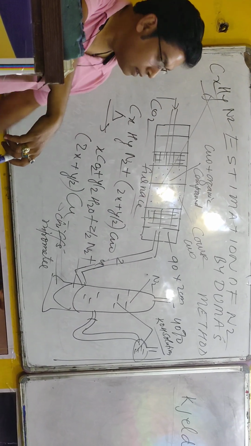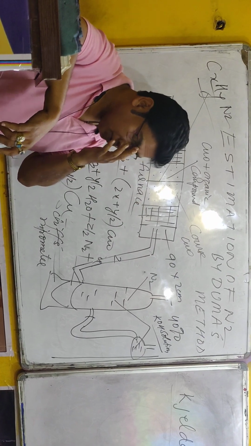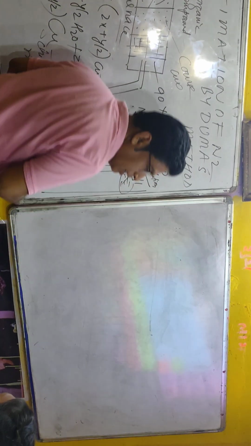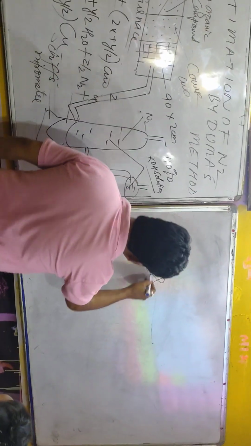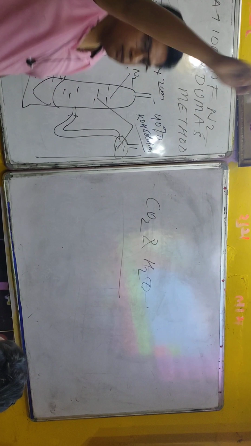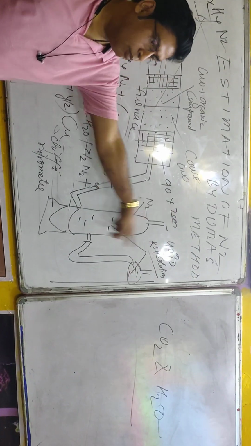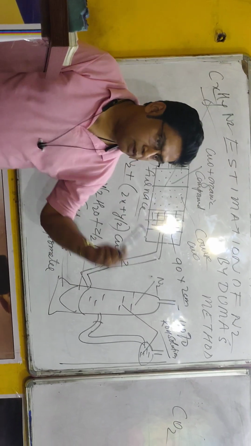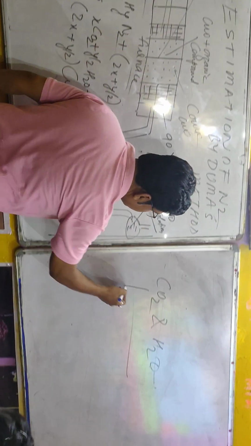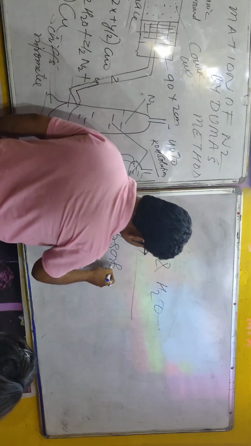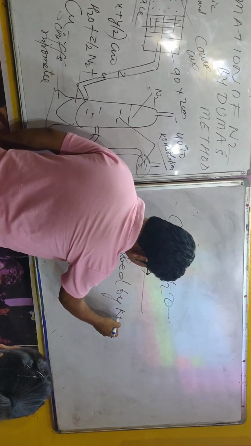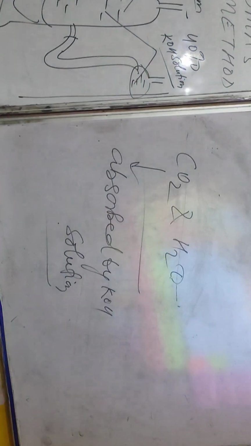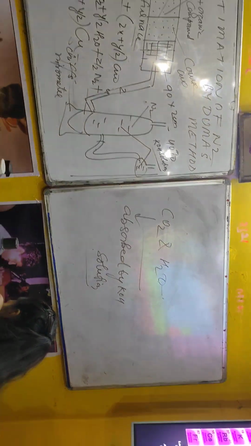Now see, इस प्रोसेस में एक खास बात है. What? In Duma's method, both CO2 and H2O are formed. In Duma's method, both carbon dioxide and water are being formed during the process of combustion, but they are being absorbed by the KOH, potassium hydroxide solution.